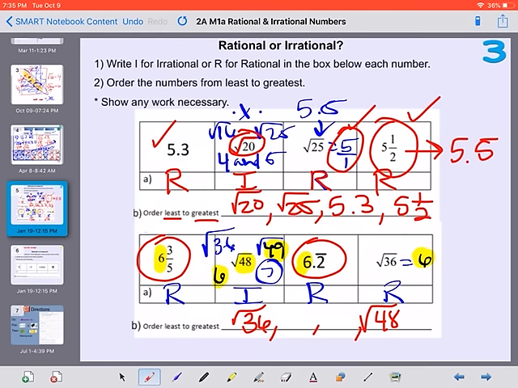6.2 and 6 and 3/5. So I know we're going to get to equivalent fractions later, but if I take 3/5, and you could just plug 3 divided by 5 into a calculator, or if I multiply that fraction by 2, it's really the same fraction, it's just written as bigger numbers.